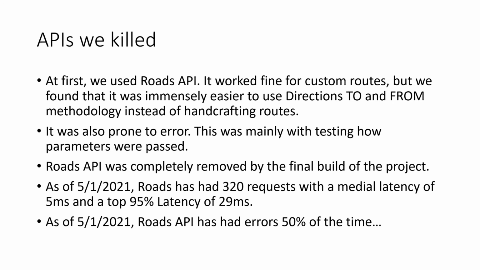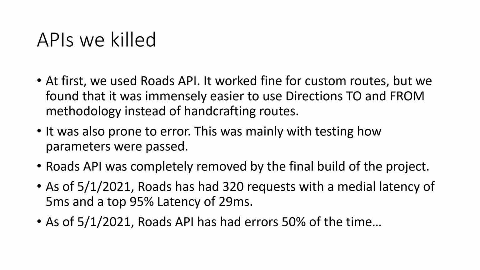As of 5/1/2021, Roads had 320 requests with a median latency of 5 milliseconds and a top 95% latency of 29 milliseconds. More than likely, the reason why that was so low is, I think, because of the spatial locality of the HTML file we were using originally. The reason why we needed a server is so that we can run PHP and patchwork those building lists in. But with Roads API, we didn't really have to do that.